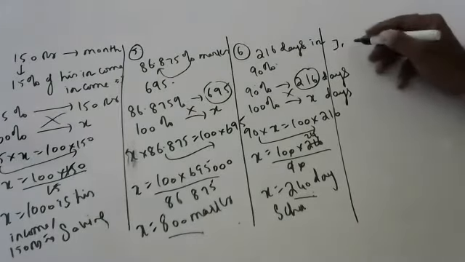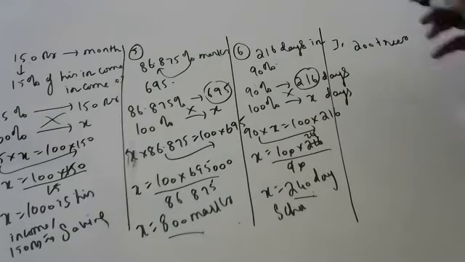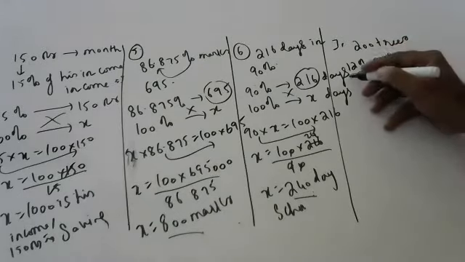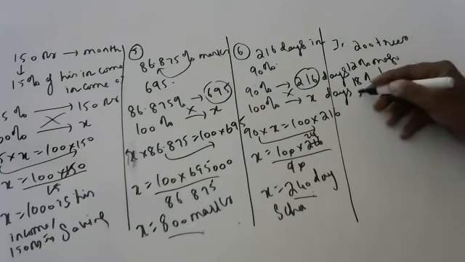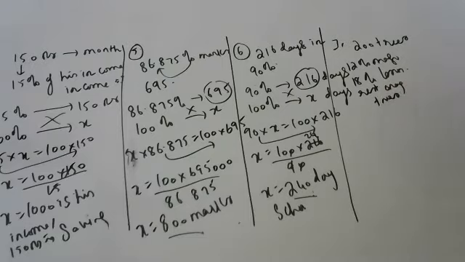A garden has 200 trees. In this, 12% are mango trees, 18% are lemon trees, and the rest are orange trees. How many orange trees are there?